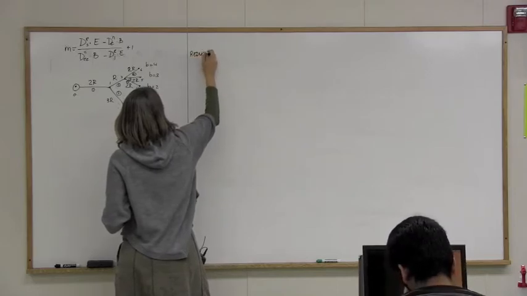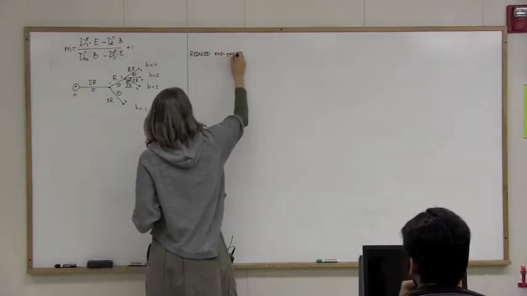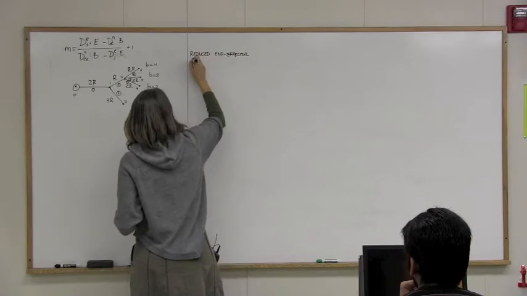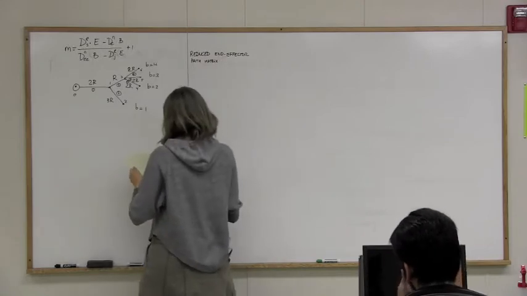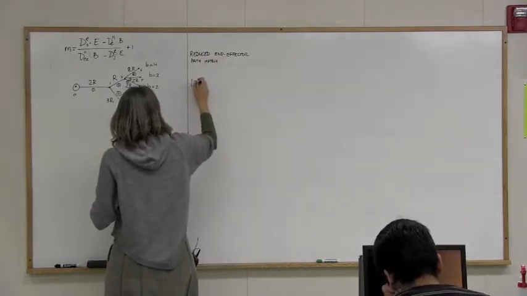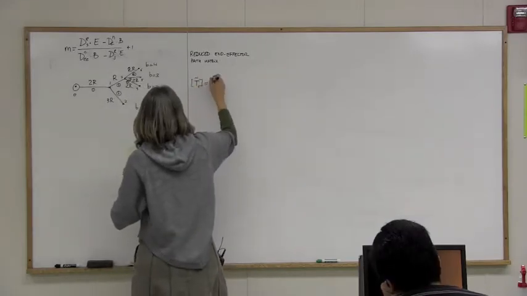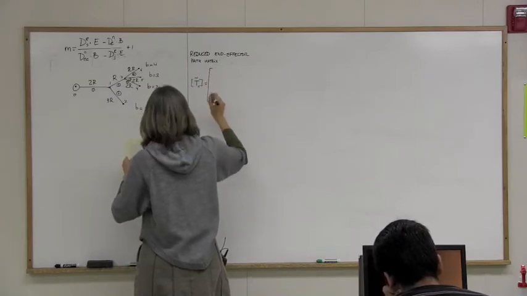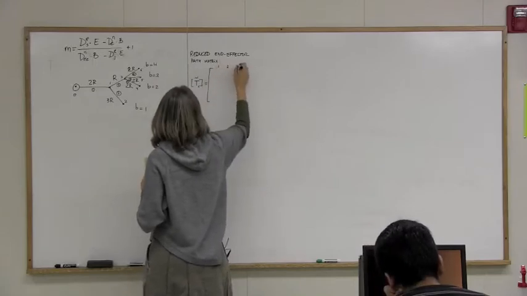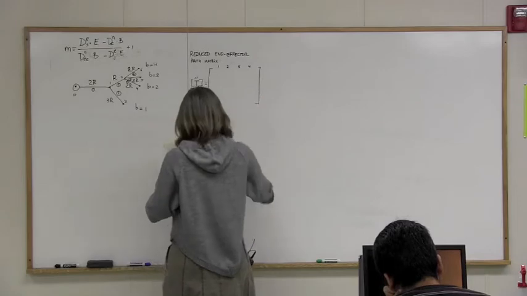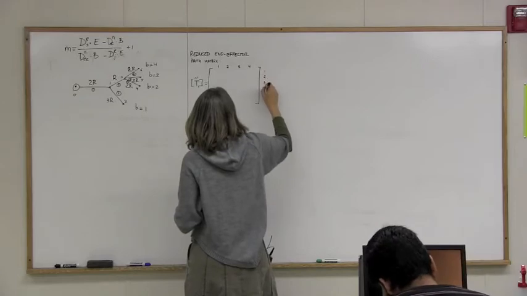So the reduced, compacted, end effector path matrix, that's T sub C. And now we are going to put the branches or the end effectors 1, 2, 3, 4, and then we are going to put the edges 1, 2, 3, 4, 5, 6.